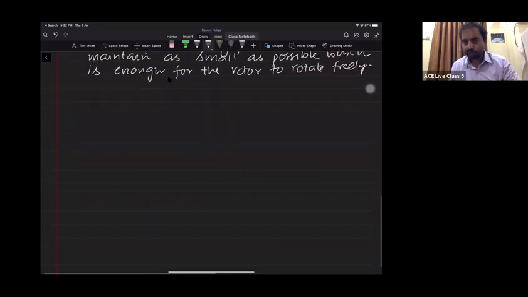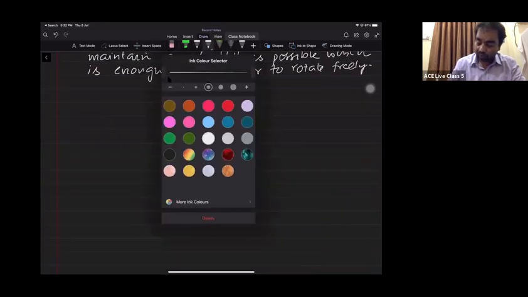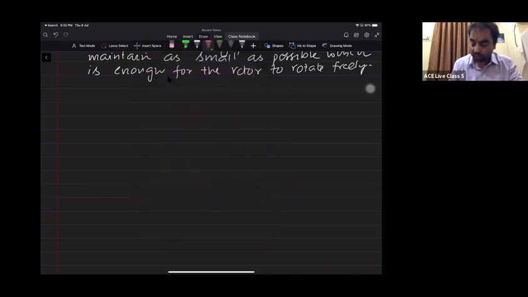Next, I'll take a semi-closed slot. What is the meaning of semi-closed slot? It means that when the slot is approaching the air gap, it is partially closed. What does it mean by that? See, so I'll take the core.